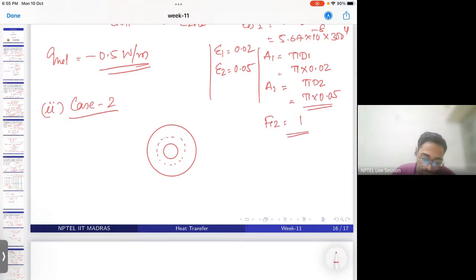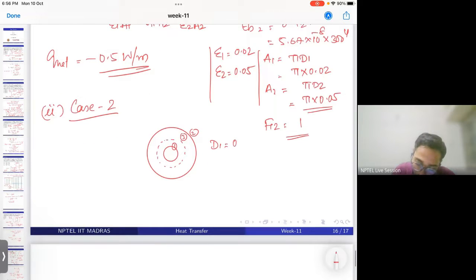So if it is midway, this is 1, this is 2, and this I am taking as 3. D1 is equal to 0.02, D2 is equal to 0.05. If it is midway, then D3 should be equal to 0.035, or we can say 35 mm.